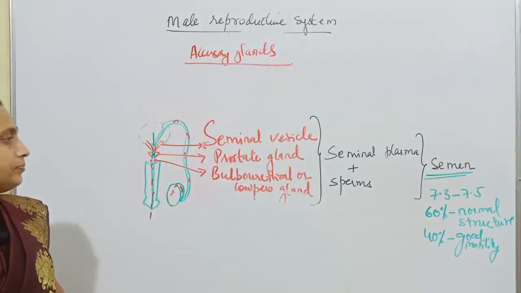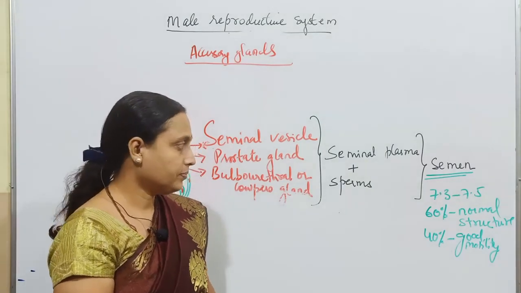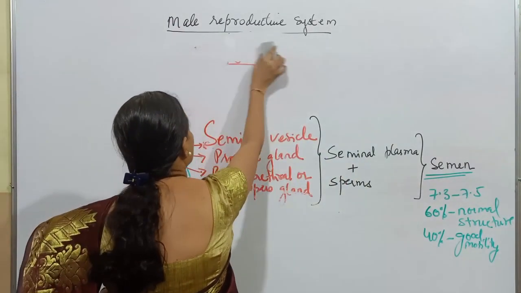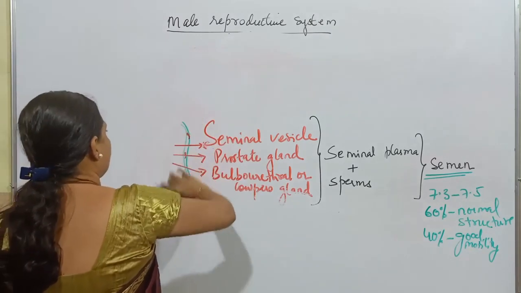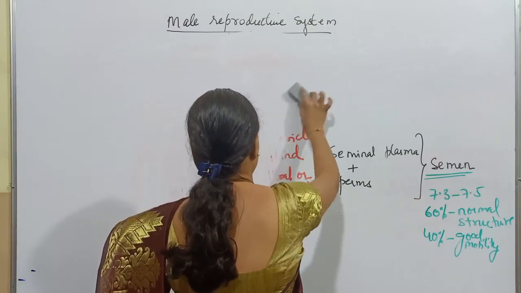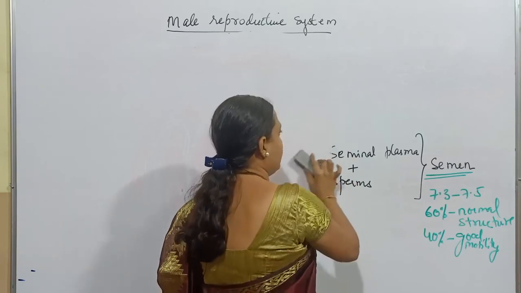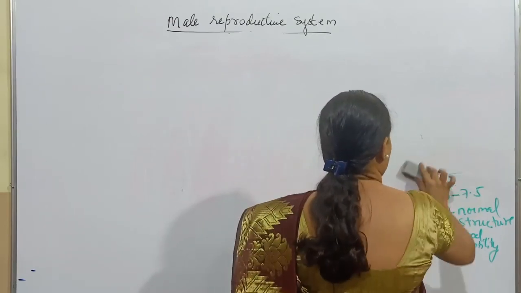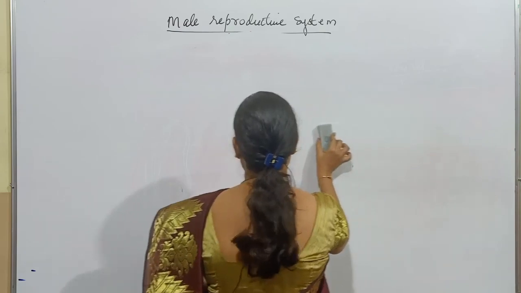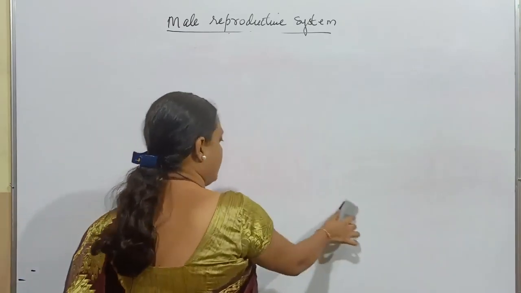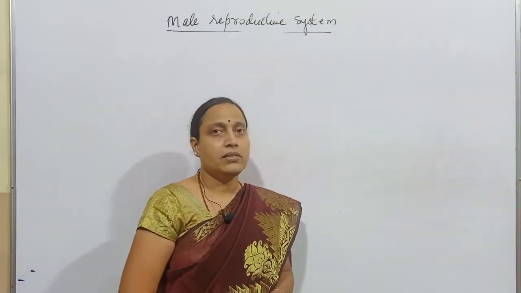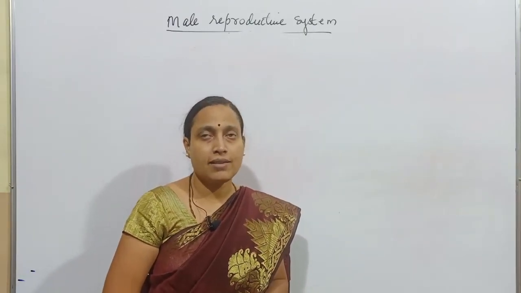So this completes the accessory glands, and the secondary sex organs such as accessory ducts and accessory glands.